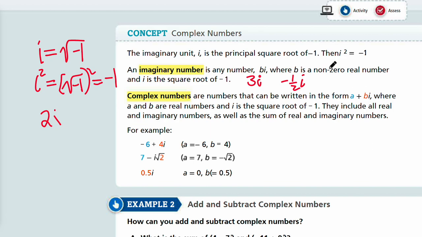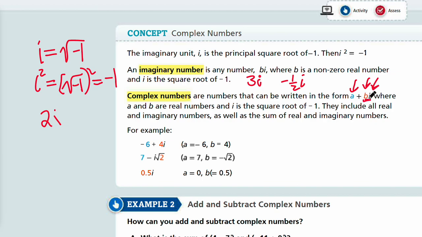Complex numbers are numbers that can be written in the form a plus bi, where you have these two terms and their sum: a real number, and another real number times the imaginary unit i, which makes this an imaginary term.